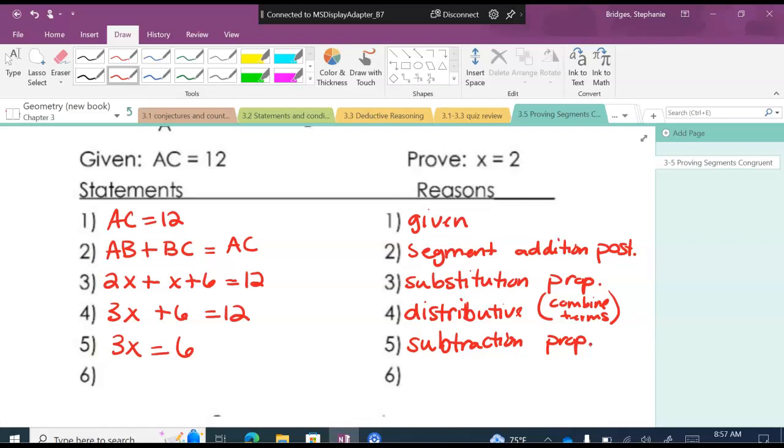And then what would I do? Divide both sides by 3, and I'd end up with x equals 2. Isn't that what I was trying to prove? Yep. And the reason was the what? Nope, not distributive. I'm writing the wrong thing, sorry. It is division.